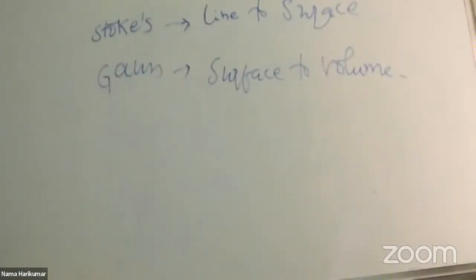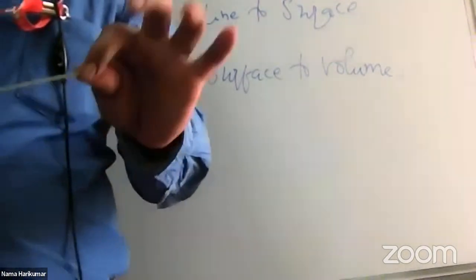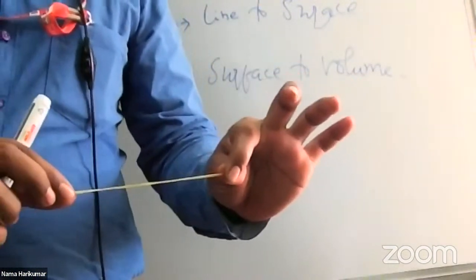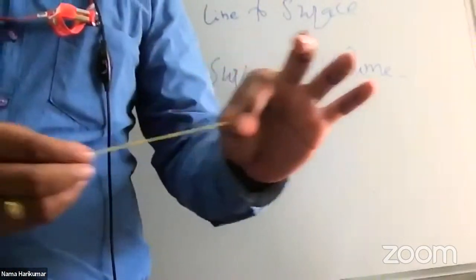Don't worry about it, I'm just asking. Let us see. This is a thread, a curve or a line, for example a line integral.